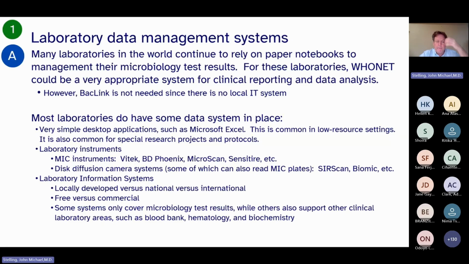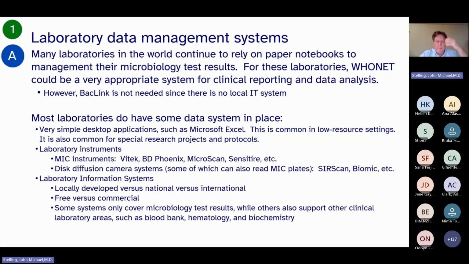Many of the free ones are made by public health oriented organizations, and I will mention some of them. Some of these LISs only cover microbiology data. Most of them, however, also do blood bank, hematology, chemistry. One thing I have found is that many of them do not do microbiology very well, and some of you may have had that same experience.